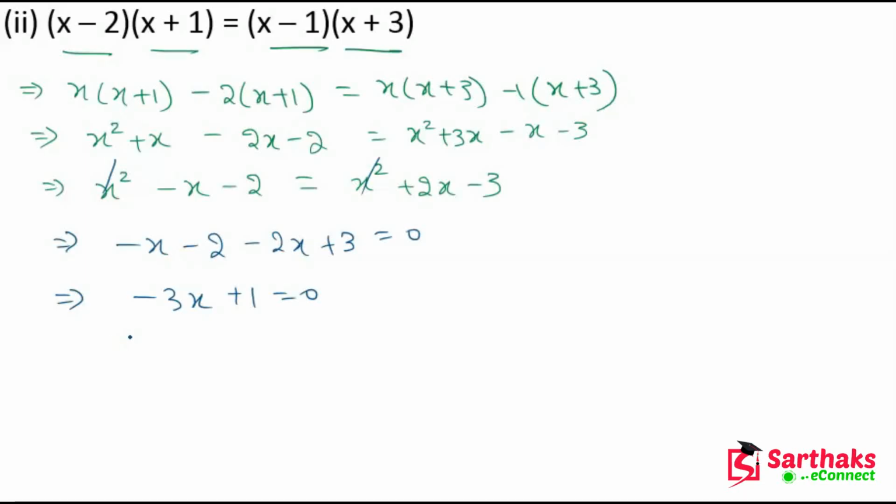Therefore, if you compare this equation to ax square plus bx plus c is equal to 0, in this case a is equal to 0 because in this equation there is no coefficient of x square.